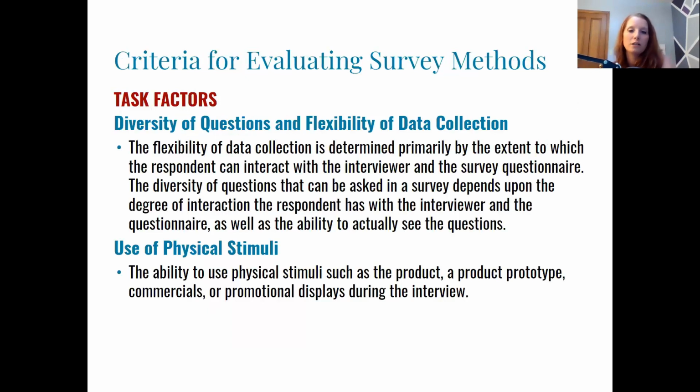When we think about different survey methods, a lot of the ways we're going to try to figure out what will work best for us are going to be looking at things like, for example, do we need to use some sort of stimuli in the actual survey? Do we need to show it to a person where they can tangibly touch it, feel it, see it, hold it?